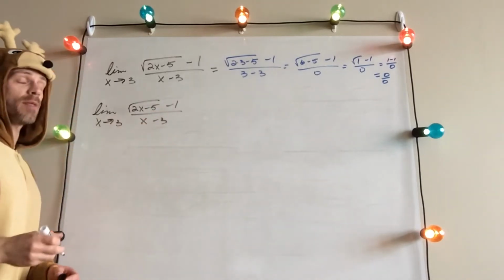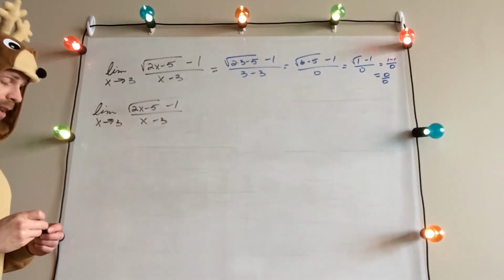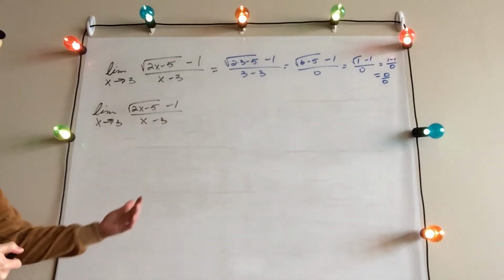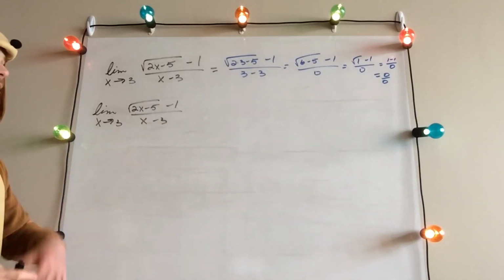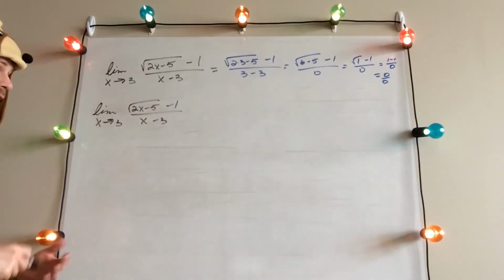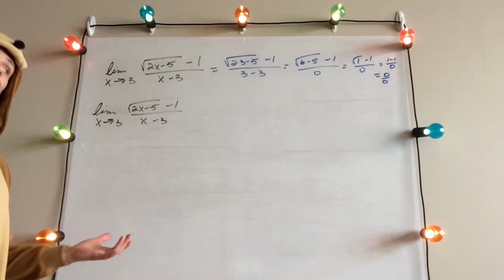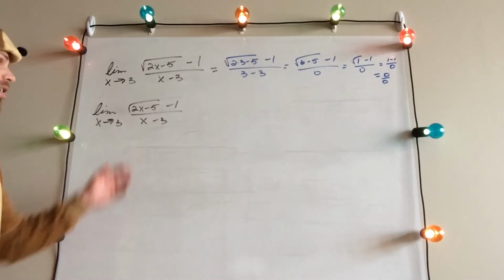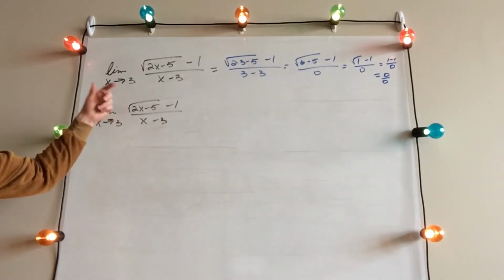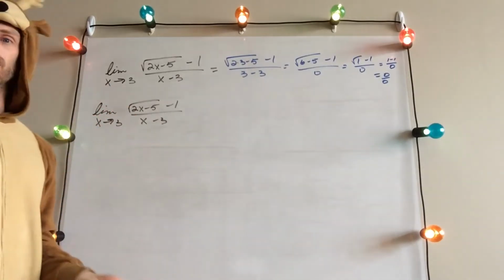All right, so last time we simplified by getting the radical out of our denominator. And we did that by multiplying the top and bottom by the conjugate of the denominator. Well, this time the radical's in the numerator. Maybe we can do the same thing, multiply by the conjugate, except that it was the conjugate of the numerator. So this time we're unsimplifying.